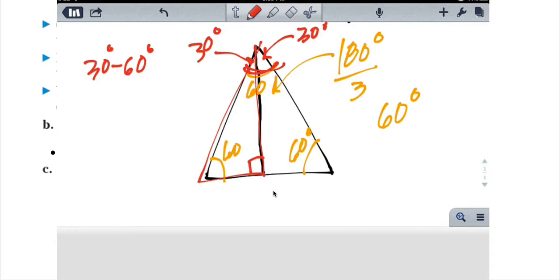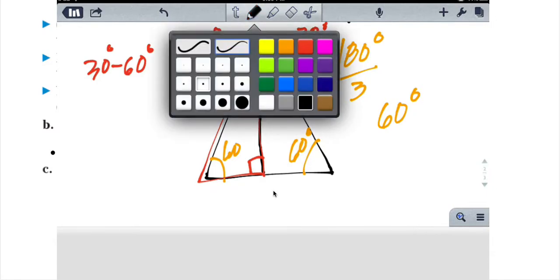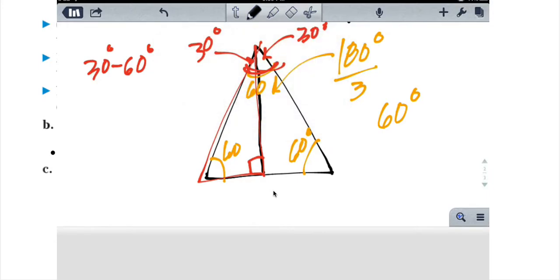Let's put some measures on our equilateral triangle. Let's say our equilateral triangle has 6 inches on all sides. If our equilateral triangle has 6 inches on all sides, this one now will measure 3 inches.